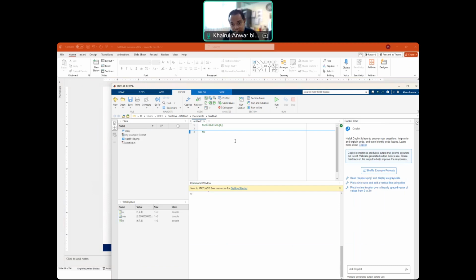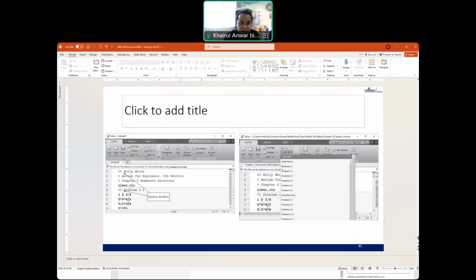See the blue line. It shows that lines 1 and 2 are one section, and line 3 and so on is another section.